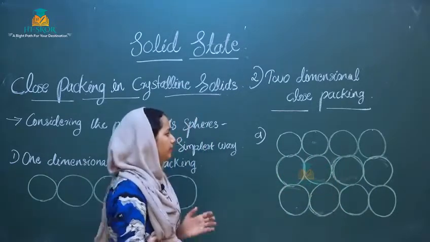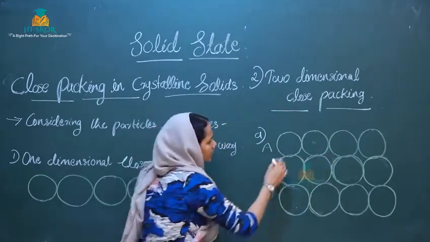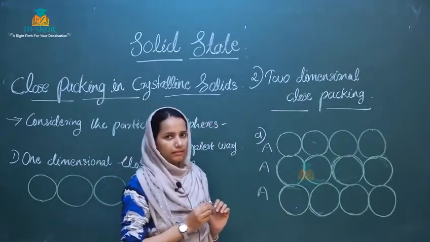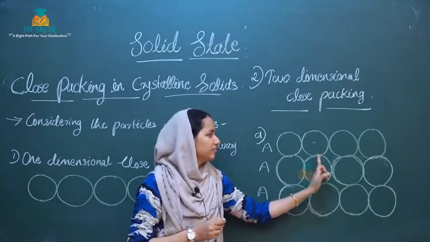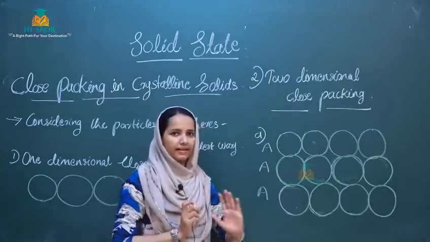Suppose I take this as an A type row, this is also the same type, and this is also the same type. The second row comes just below the first row and the third row just below the second, and like that the packing goes on.